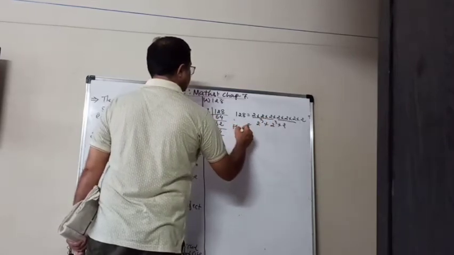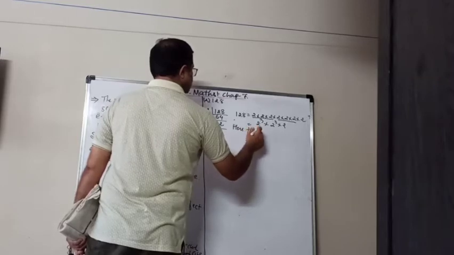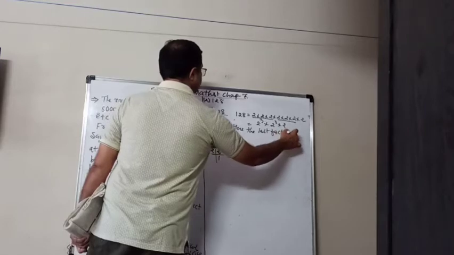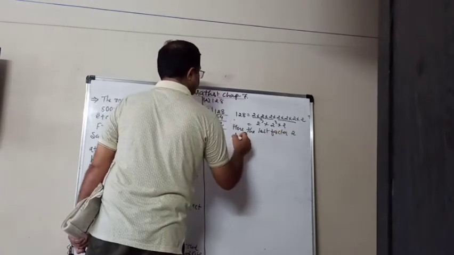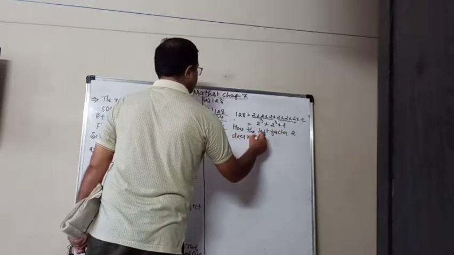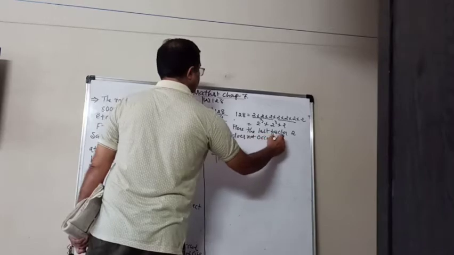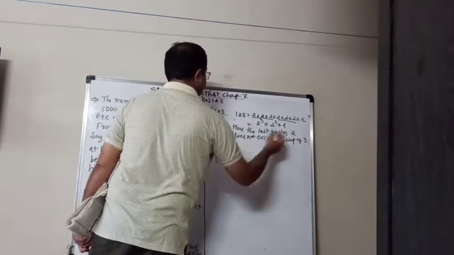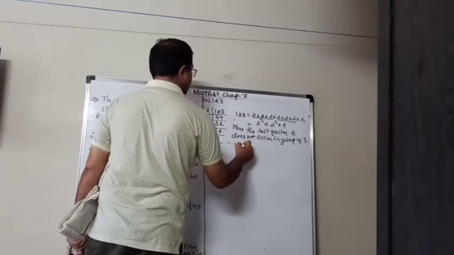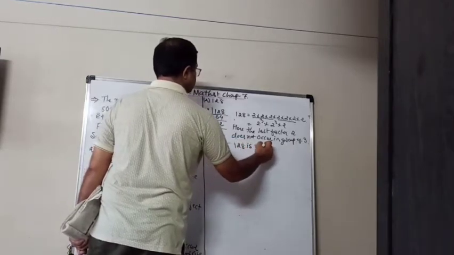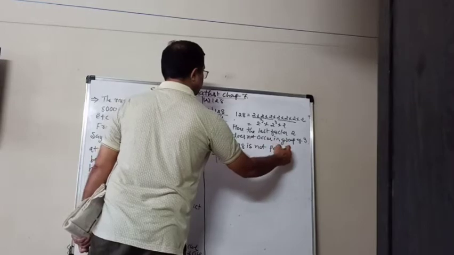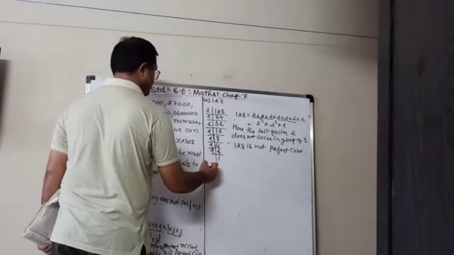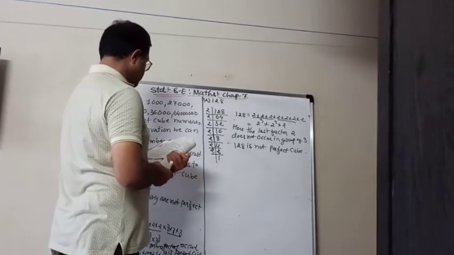So here the last factor 2 does not occur in a group of 3. Therefore 128 is not a perfect cube.